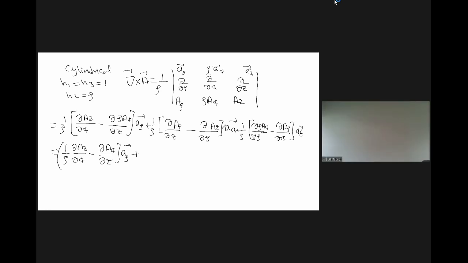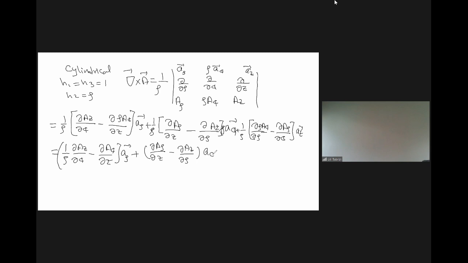I'll correct this one in a moment. The last row should be the same as the original, one of them with A, the other one with H. So this one should have ρ in front. Sorry, ρ cancels ρ. So that's why you get ∂Aρ/∂z minus ∂Az/∂ρ. This row cancels this row.